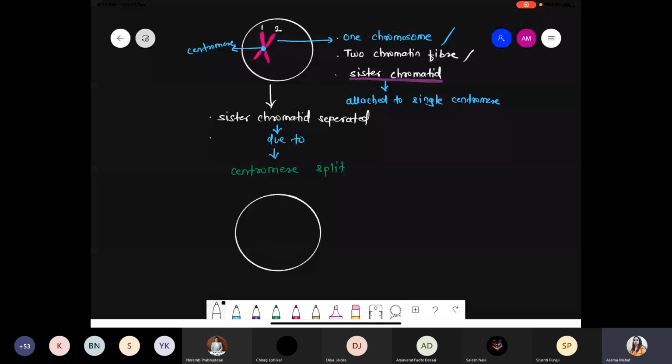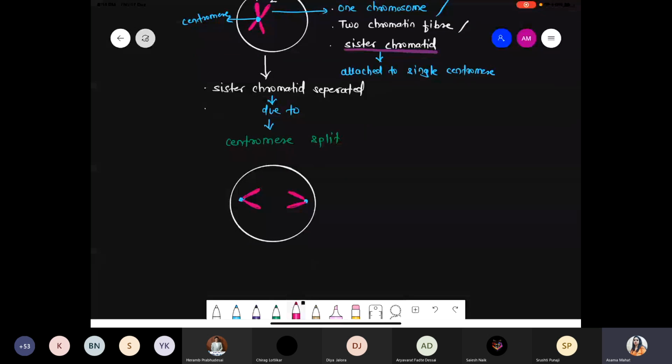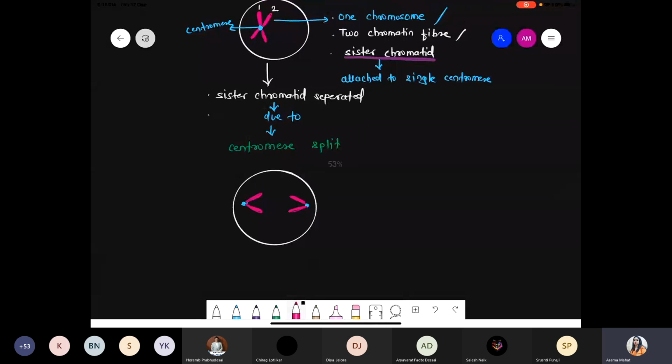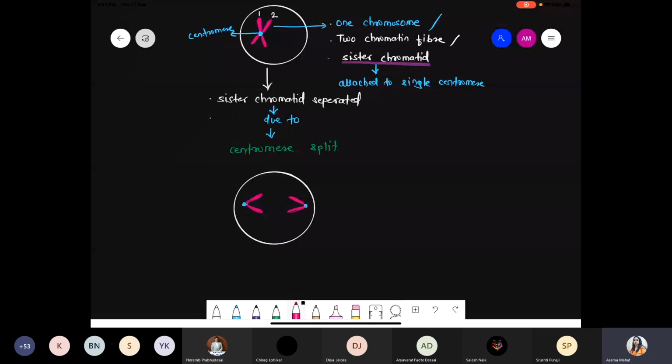ये है diagram, that is the cell. Inside the one cell, simply we are talking about separation of the sister chromatids. So ये centromere split हुआ and the sister chromatids also get separated. So we will get this kind of scenario. ठीक है. अब normally क्या होगा? This is the condition where sister chromatids get separated because initially they were attached, but the centromere gets split. The centromere is divided into two parts, and along with the centromere, whatever chromatid is attached to that centromere can show movement towards the pole, right?